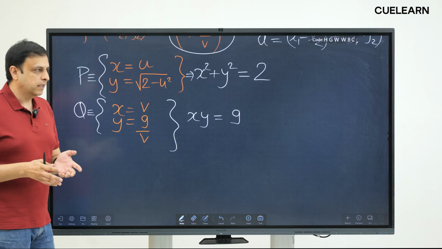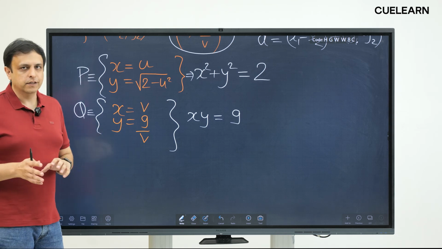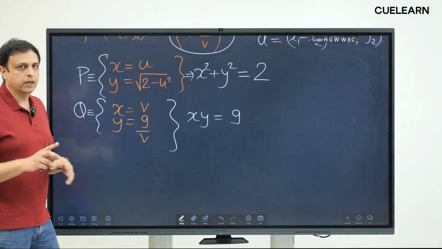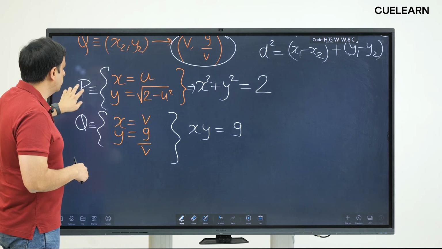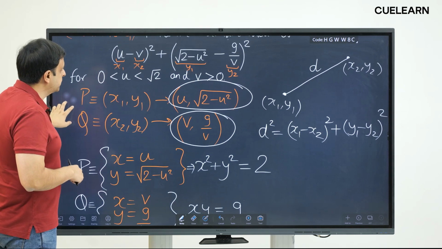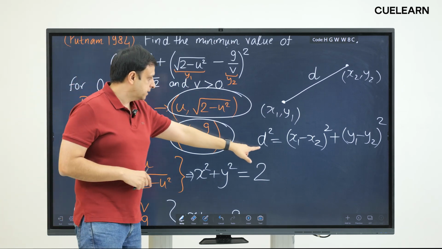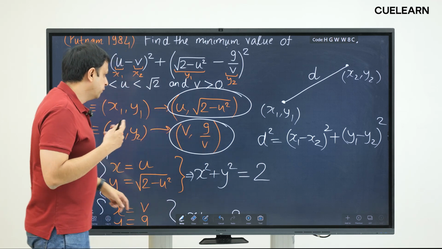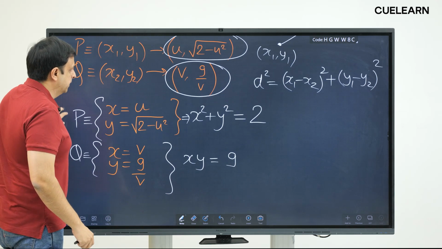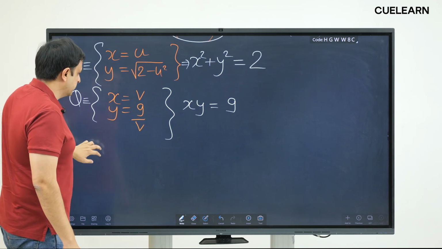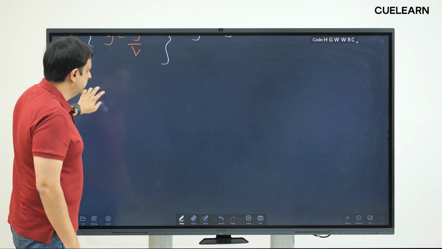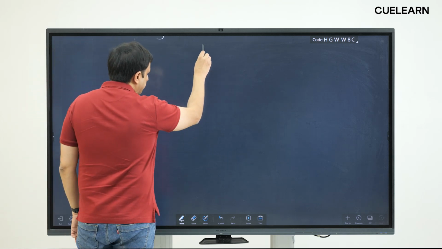And we have to find the minimum value of the distance between P and Q. Actually, we have to find the minimum value of the square of the distance, because the expression given to us resembles d square. So, we have to find the minimum value of the square of the distance between these 2 points. So, what I am going to do now is draw these two curves.